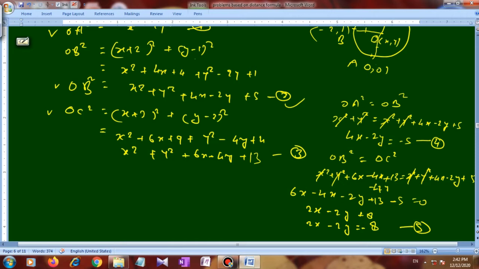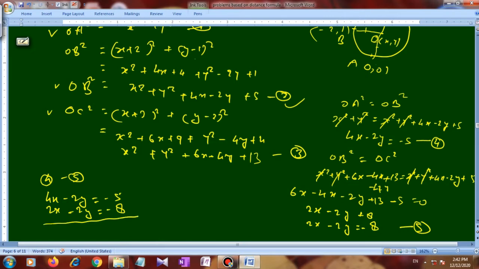Now solving equations 4 and 5, we will get the values of x and y. So for this, subtracting equation 5 from equation 4, we will get 4x minus 2y equal to minus 5, and 2x minus 2y equal to minus 8.